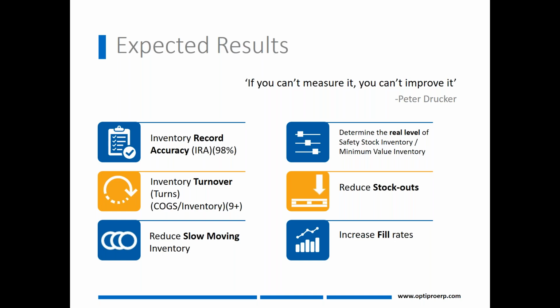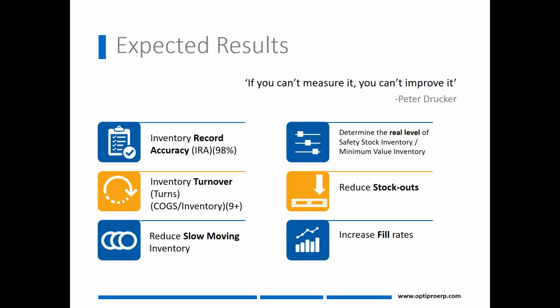You can look at your inventory effectiveness by looking at its turnover. We call those turns. From a North American perspective, a typical manufacturing company is turning their inventory about 9 times a year, with inventory turns measured as cost of goods sold divided by your inventory value.